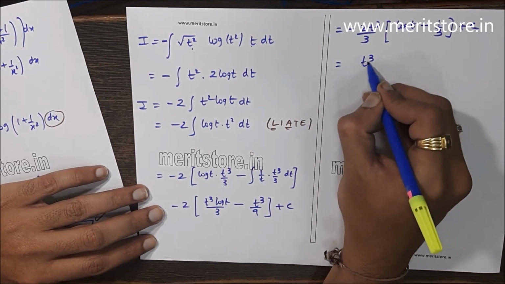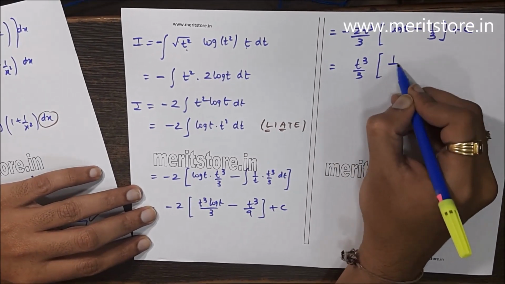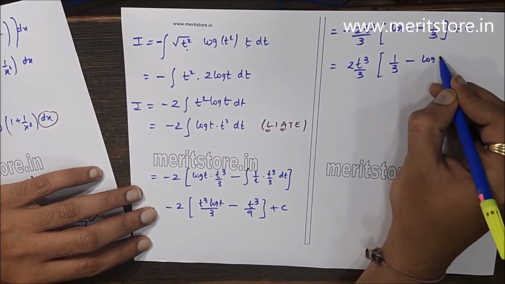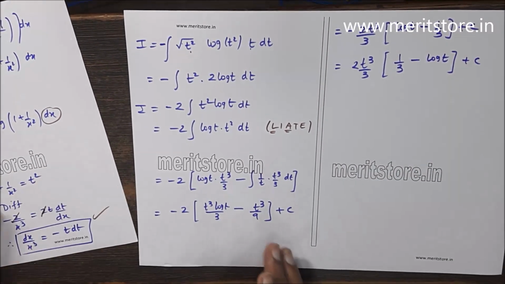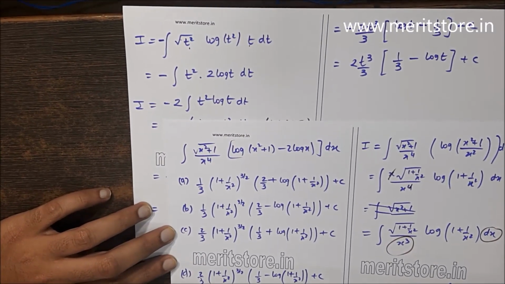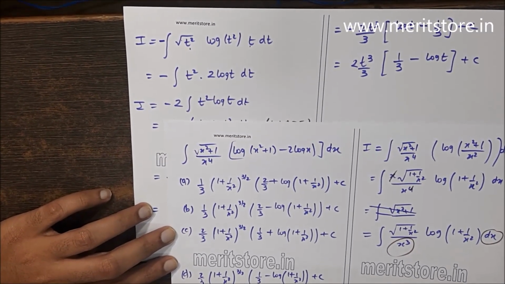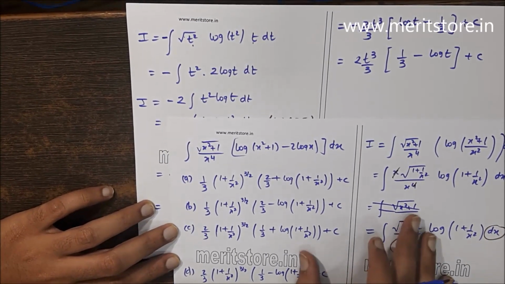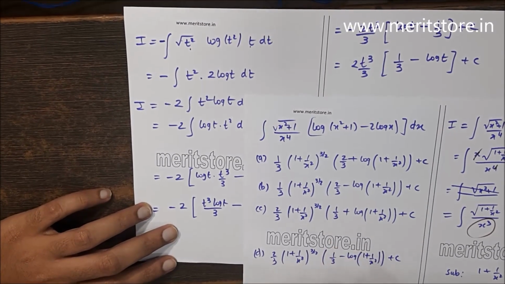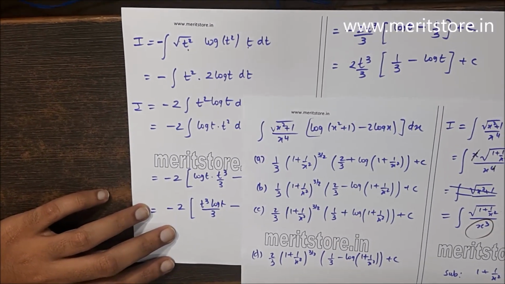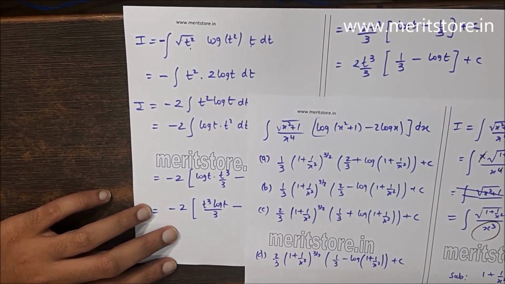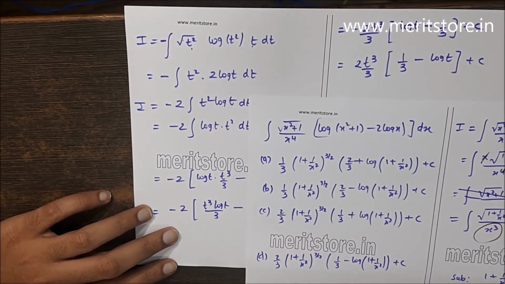I'll get it as t cube upon 3, 1 by 3 minus log t plus c. Now, comparing with the options, I have 1 by 3 and a minus here. And we have a term of 2 by 3, 1 plus x raised to 3 by 2, the way we want it.